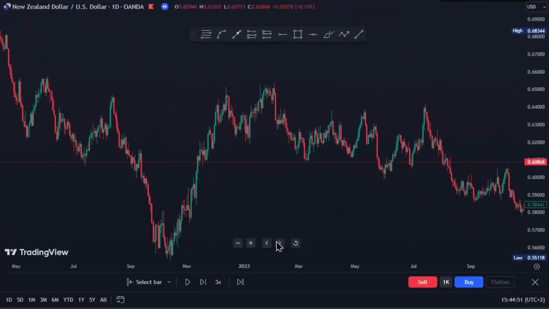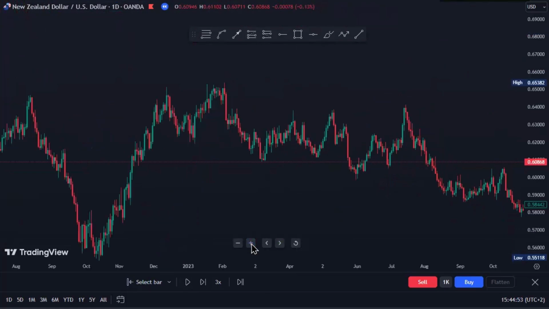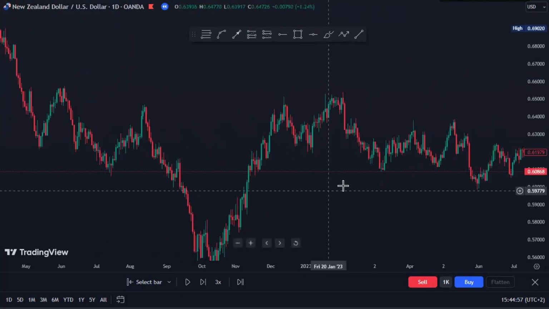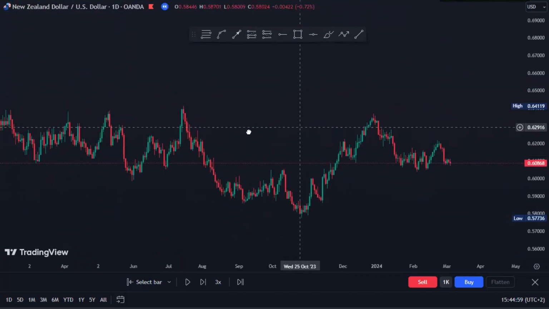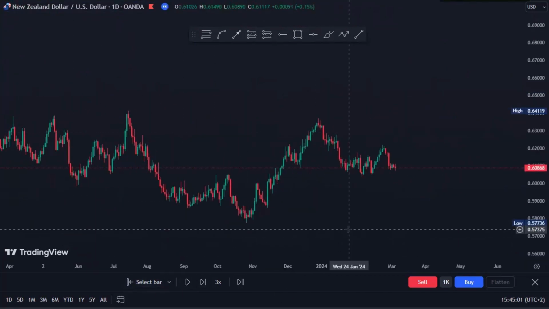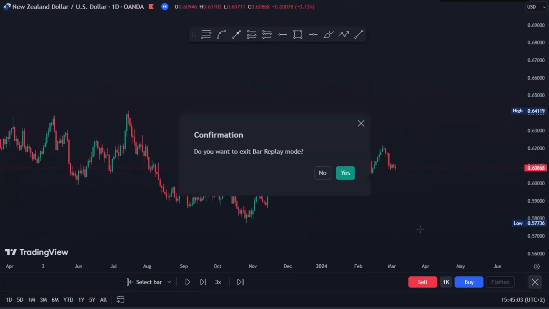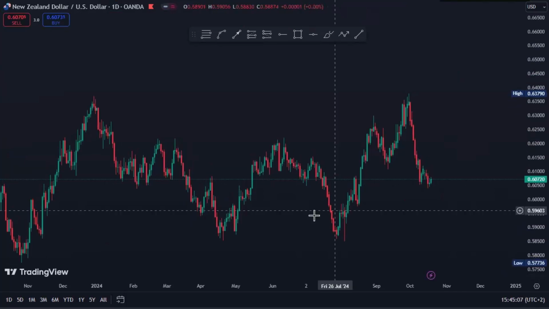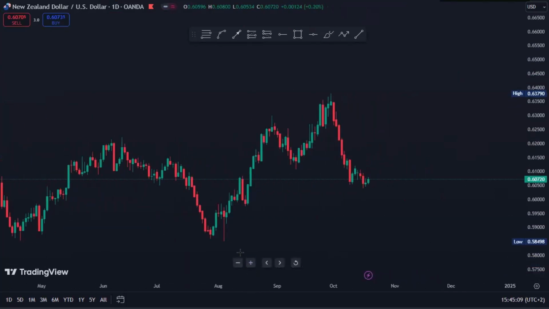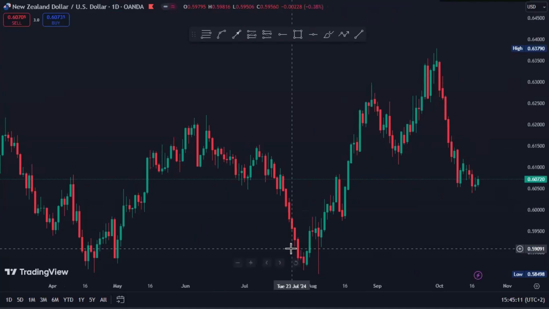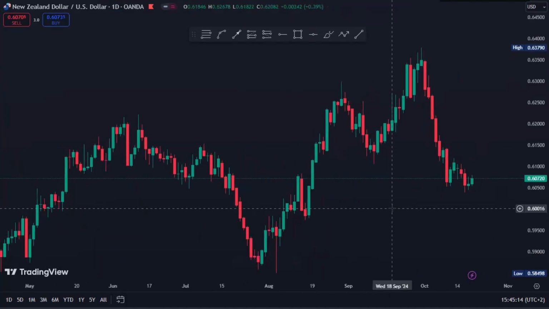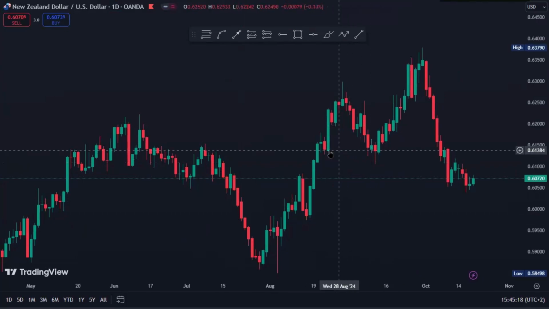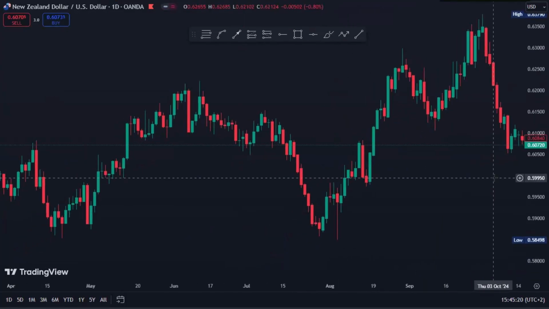Let's see where the market became a resistance and also became a support. So let's not go far. Let's identify this zone first, right?